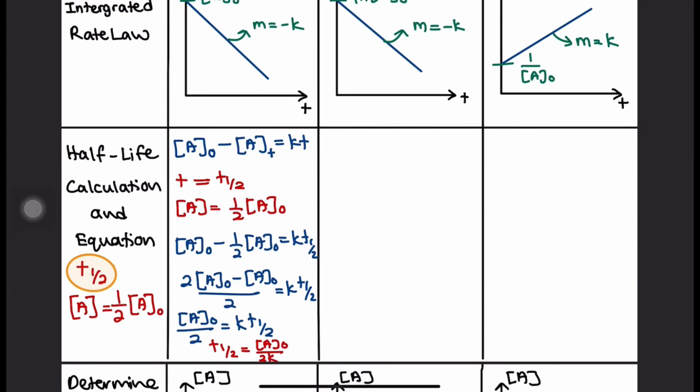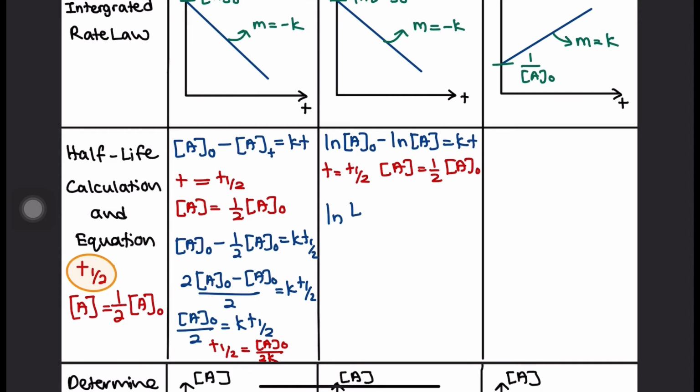Next, let's do the same for first order. Again, start out by writing the integrated rate law that would be ln initial concentration of A minus ln concentration of A equals kt. Again, I would like to emphasize the conditions for half-life, whereby t would be t-half and concentration of A now is half of initial concentration.